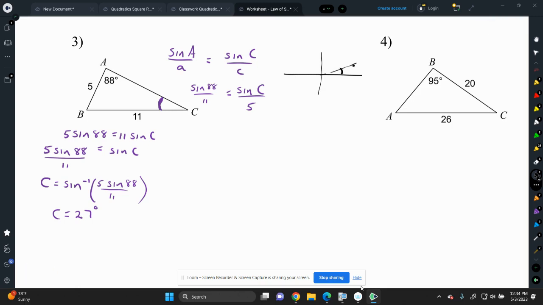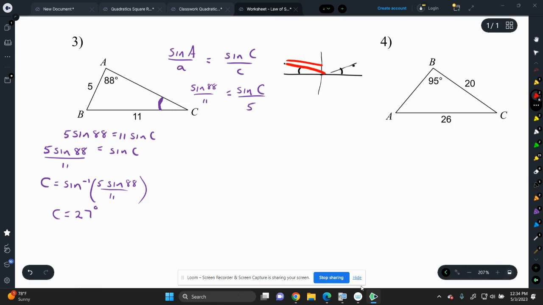The other reference angle of 27 is going to be right here. So basically I'm saying, okay, I might have a triangle that looks like this instead. So I have to figure out what that angle is, okay?